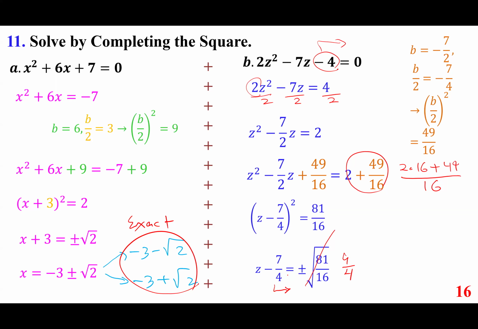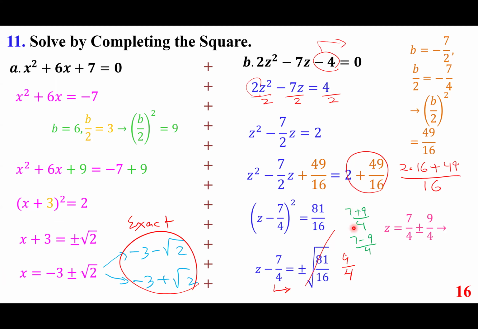You move the -7/4, you make it positive on the other side, and now you write the answer as 7 plus 9/4, 7 minus 9/4.